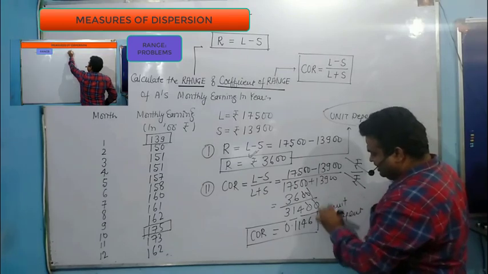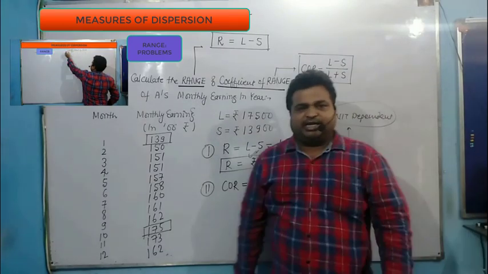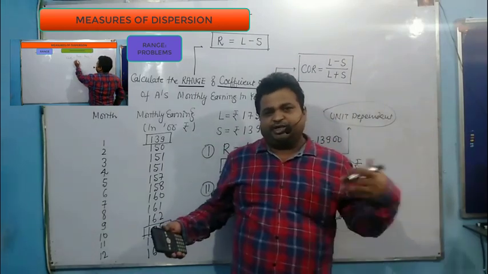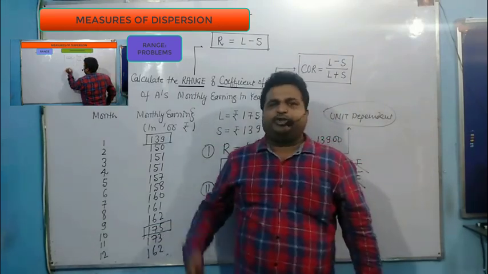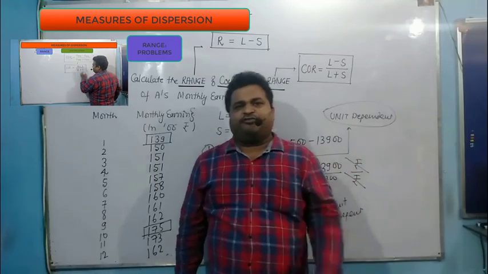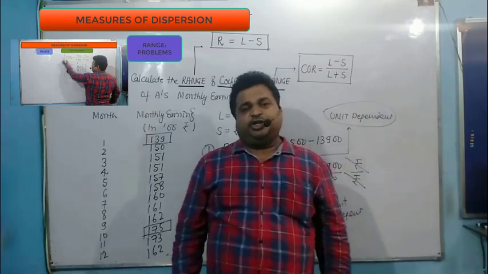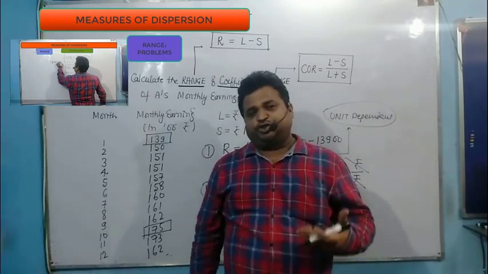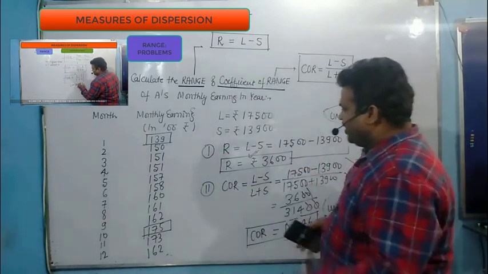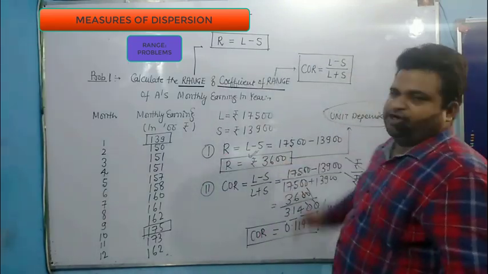In the last class I already discussed the difference: range is unit dependent, whereas coefficient of range is a unitless quantity, because it is a ratio. So this is all about the range and coefficient of range.